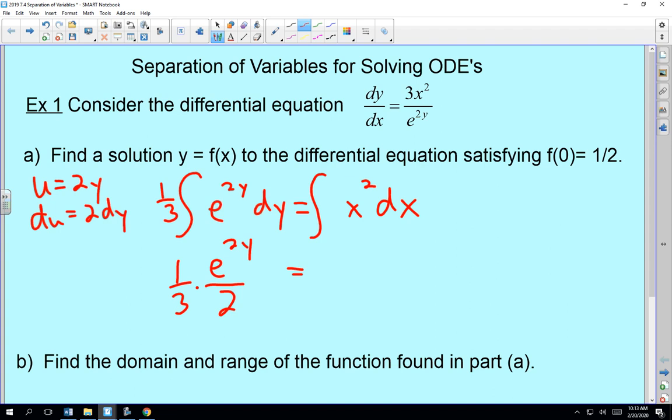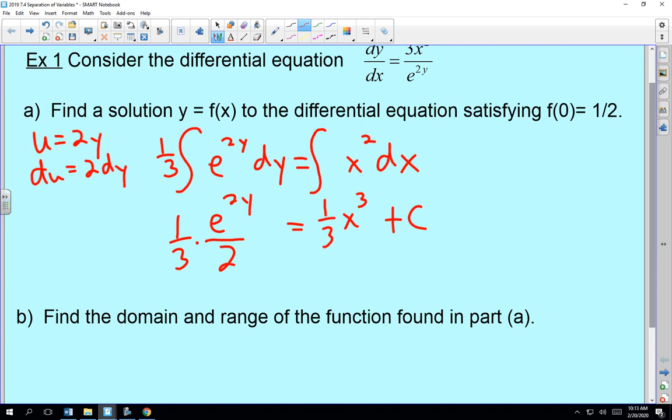Okay. And then the integral of x squared is 1/3 x cubed. And then plus c. All right. So how do I find C? This would be the third point. Plug in your value that it goes through.